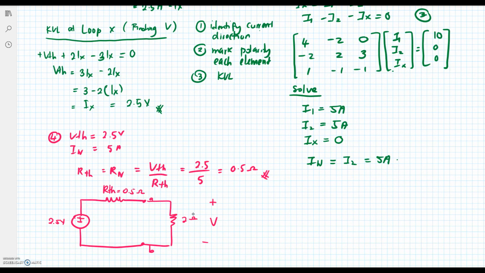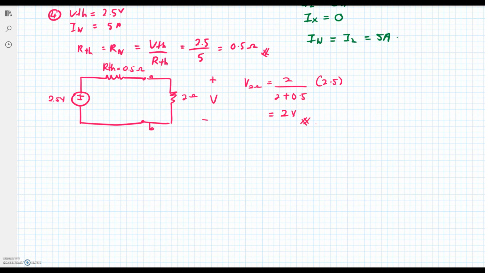Either you want to find the I first, and then V 2 ohm is equal to I that flows through the circuit times 2, or you can use the voltage divider. So I choose voltage divider. 2 over 2 plus 0.5 times 2.5 volt is equal to 2 volt.